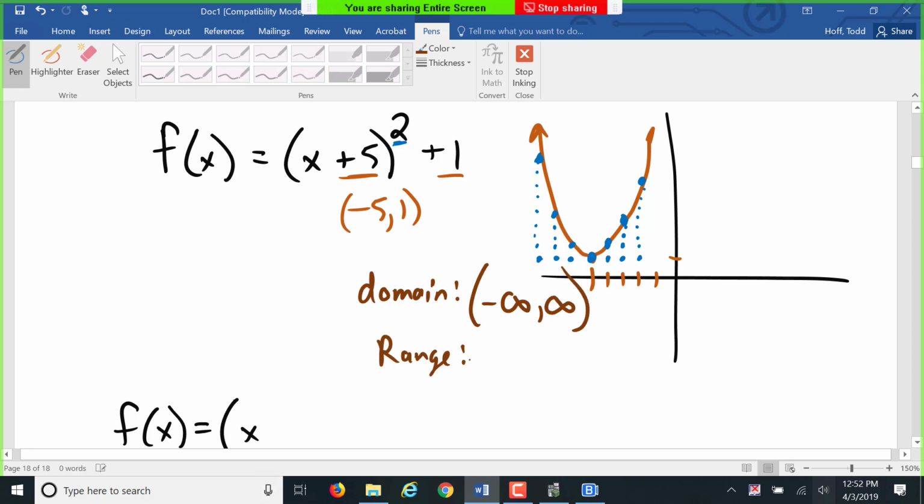What would the range be? Let's see. You can only go to what, 1? So 1 to infinity. What bracket goes with the 1? Square. Yeah, that's going to be square because it does equal 1. Very good.